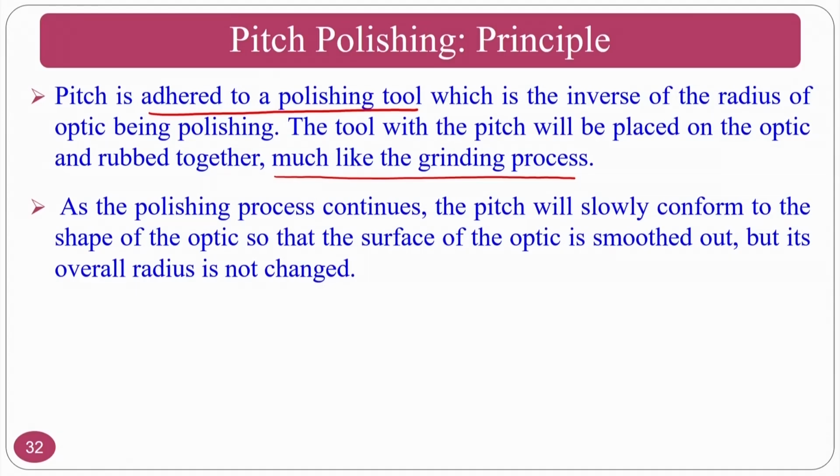As the polishing process continues, the pitch slowly conforms to the shape of the optic, so that the surface of the optic is smoothed out and the overall radius is not changed. That means this pitch, initially at room temperature, may be a bit highly viscous. As you increase the temperature, the sensitivity will increase.